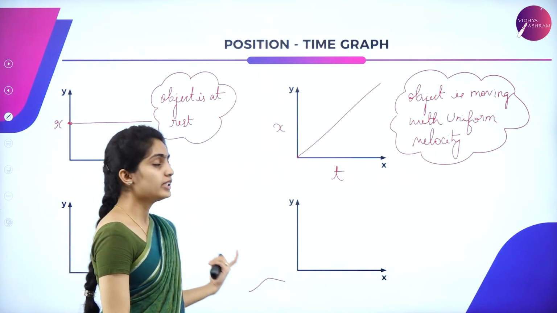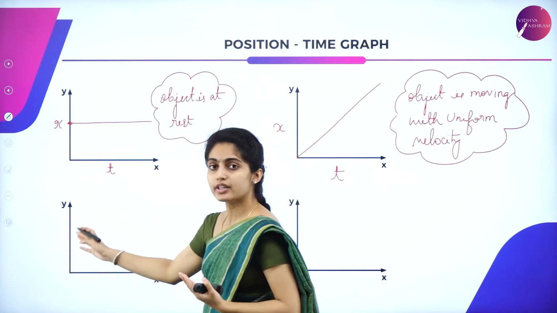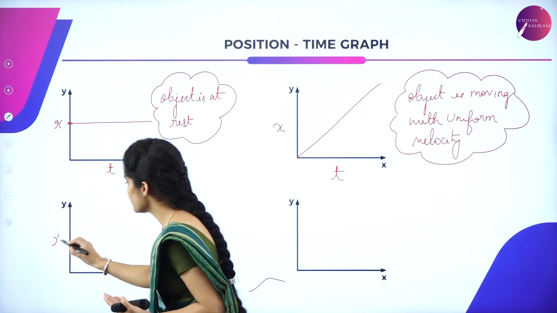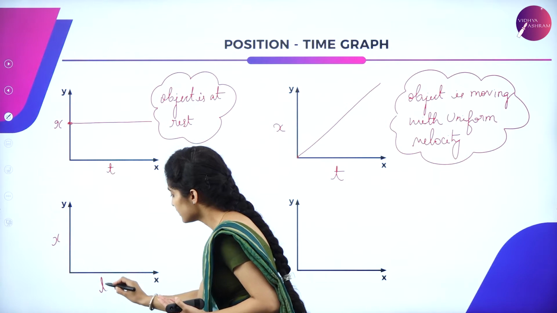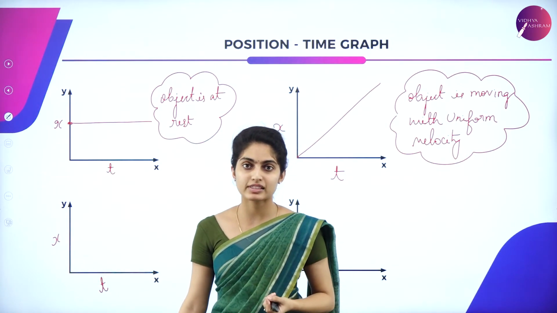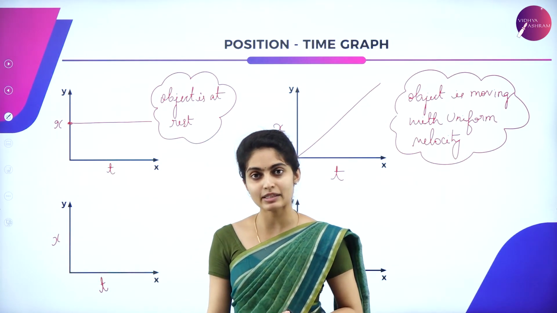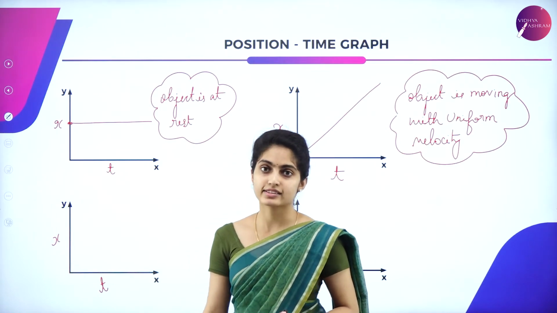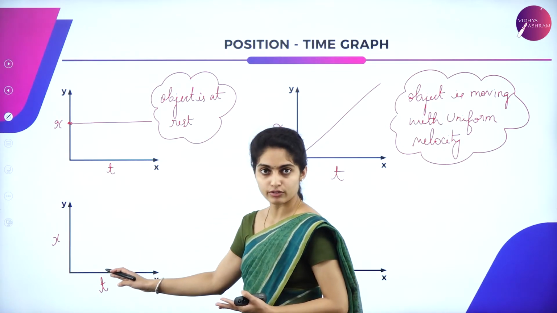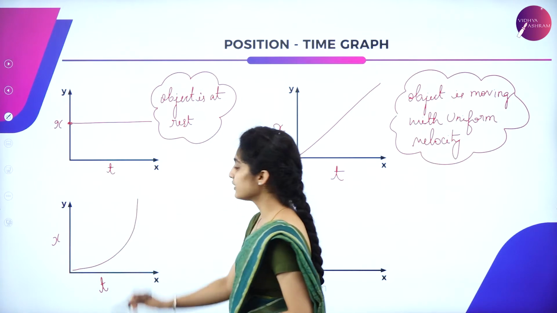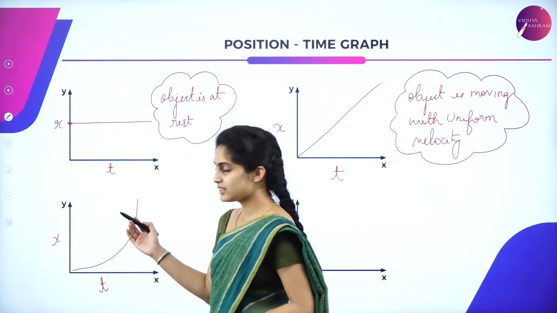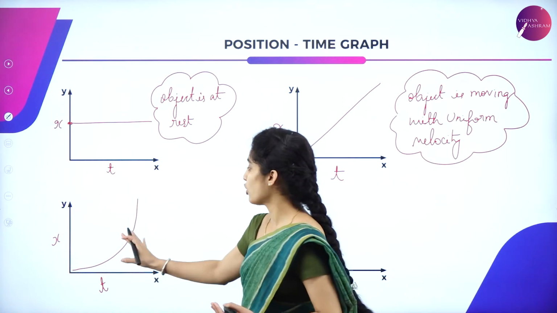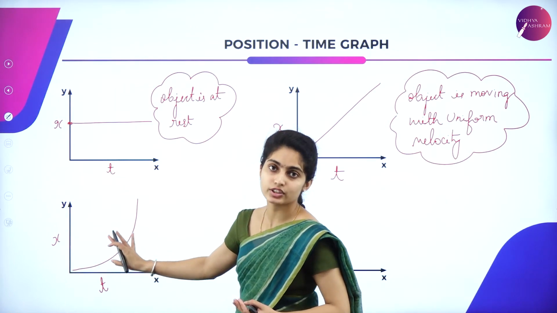So coming to the next, here again you have got position and time. Position is represented in terms of the y-axis and time in terms of the x-axis. So how do you have a graph now? The graph is said to be in this manner. So what does it tell? The velocity of an object increases with a certain interval of time.